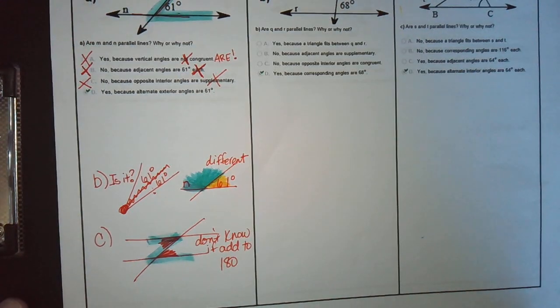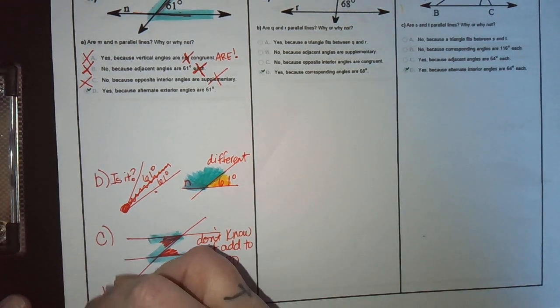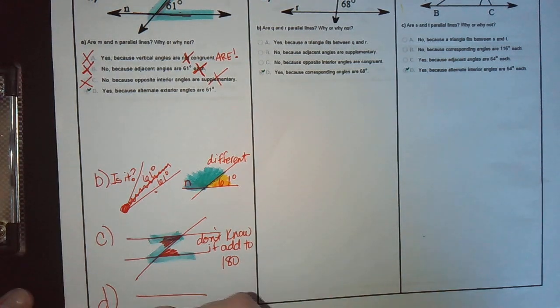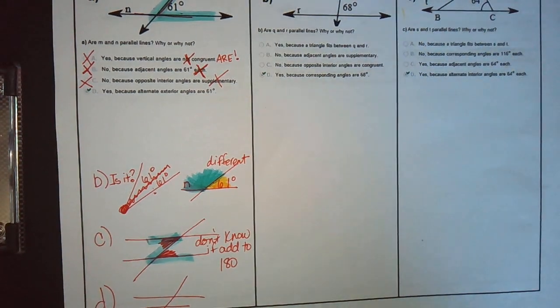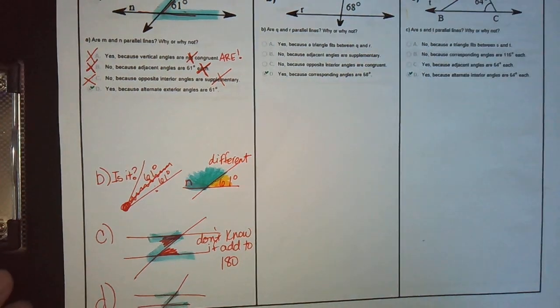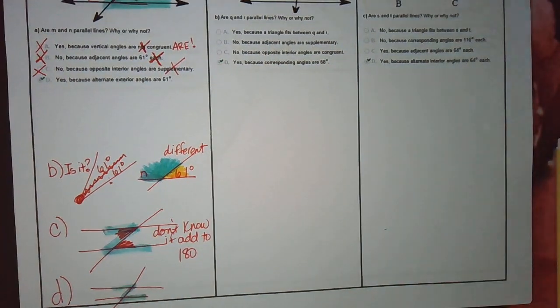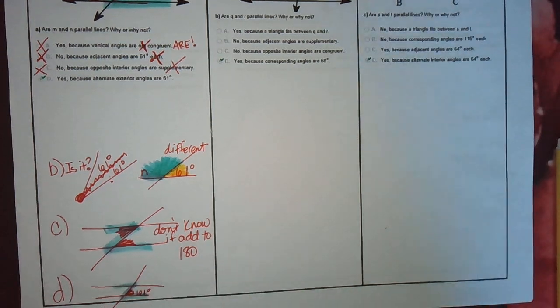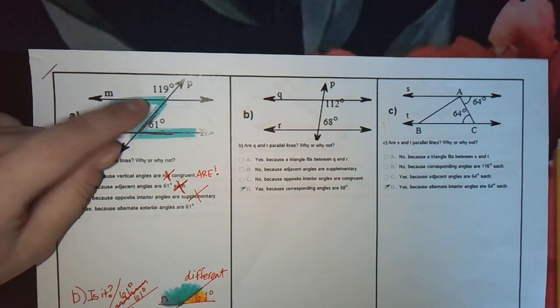Part D says yes, because alternate interior angles are 61. Okay, let's figure out what alternate interior angles are. Alternate interior angles are that exact same thing we just talked about, the Z. And we know that this bottom angle is 61 degrees, because that's what the picture gave me.